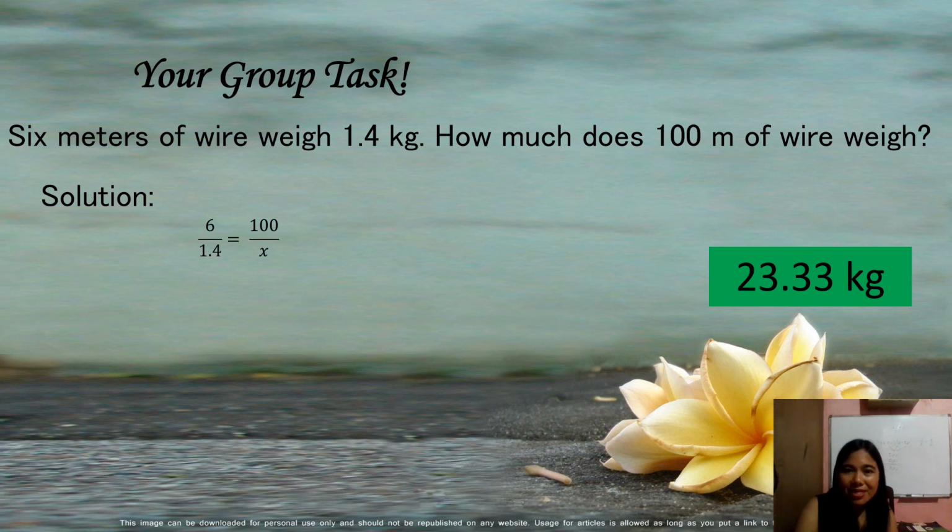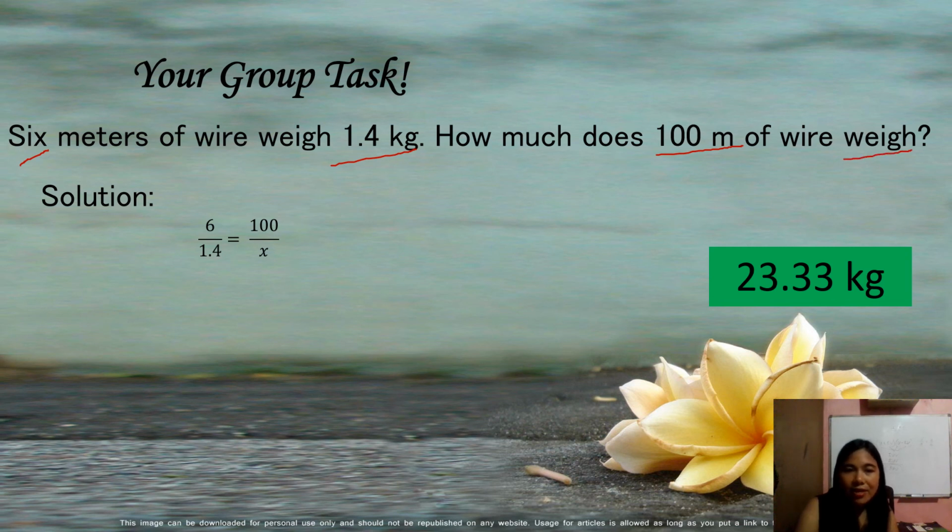So, let x be the weight of a 100 meter wire. Okay? So, 6 meters is to 1.4 kilograms, while 100 meters is to x. Since meters was mentioned first, you will also put meters first, and then the weight, which is unknown, is x.